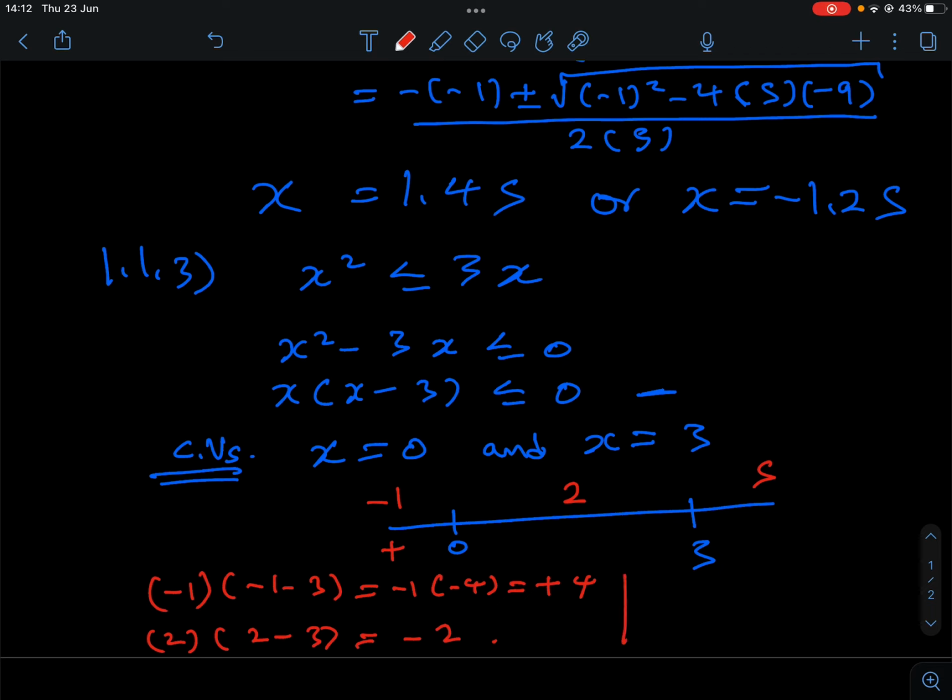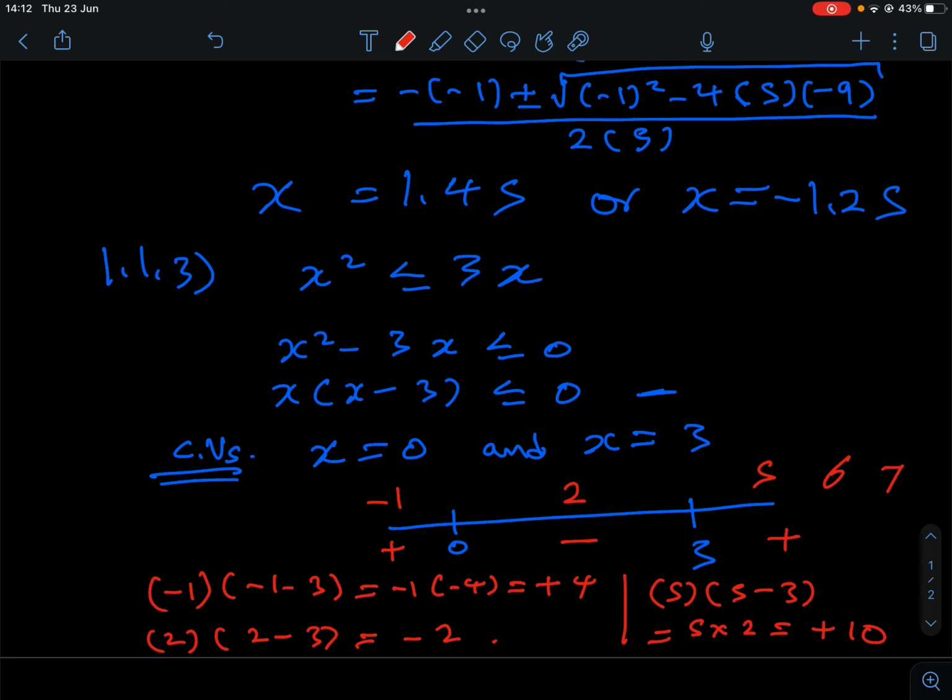And finally, when we test for 5, 5 minus 3 is 2. 5 times 2 gives us a positive 10. So here we get a negative answer. This side we get a positive answer. So if we were to substitute 6, 7, going forward, we'll get positive answers.